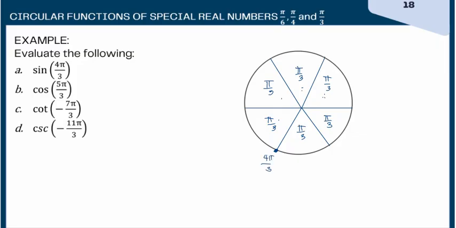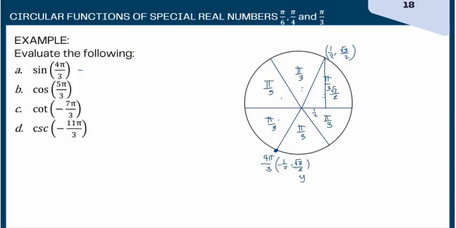So meaning we stop here for 4 pi over 3. So meaning the values of 4 pi over 3, kasi diba, this is going to be 1 half here, and this is going to be square root of 3 over 2. So 1 half, square root of 3 over 2. Same lang siya ng value here. It's 1 half, square root of 3 over 2, but we are in quadrant 3, meaning it's going to be negative for both. And again, for sine, that is the y value.